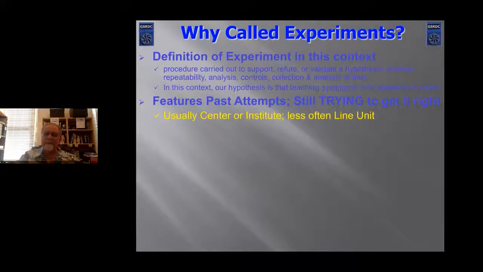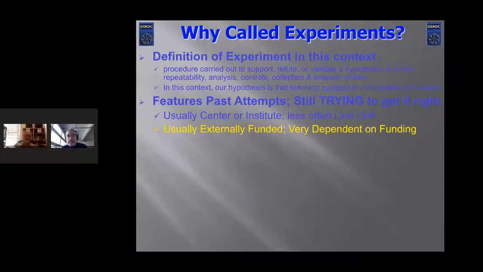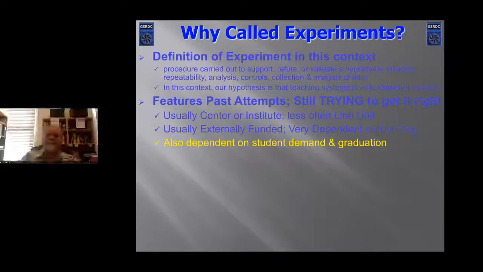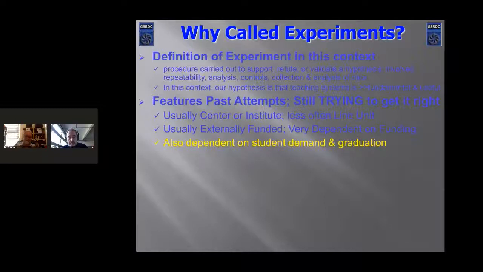Usually in the past, we learned in ISSS that only a center or institute, not really a line unit, a regular department, and that was usually externally funded, so very dependent on funding, was offering systems education. It did not come as one of the programs in chemistry, biology, geology, or in business and so on.